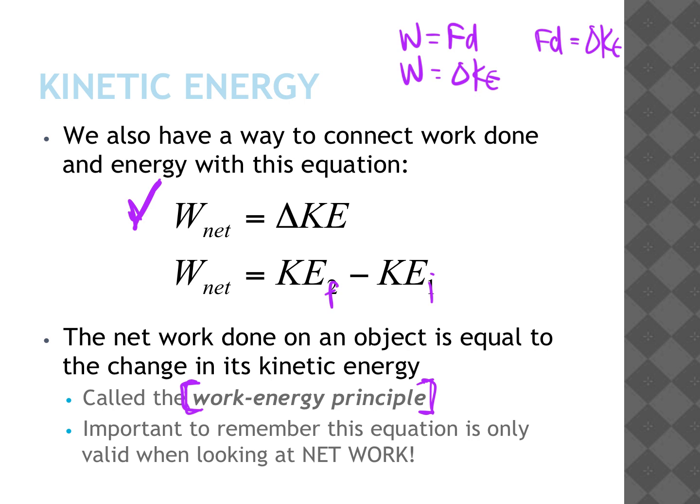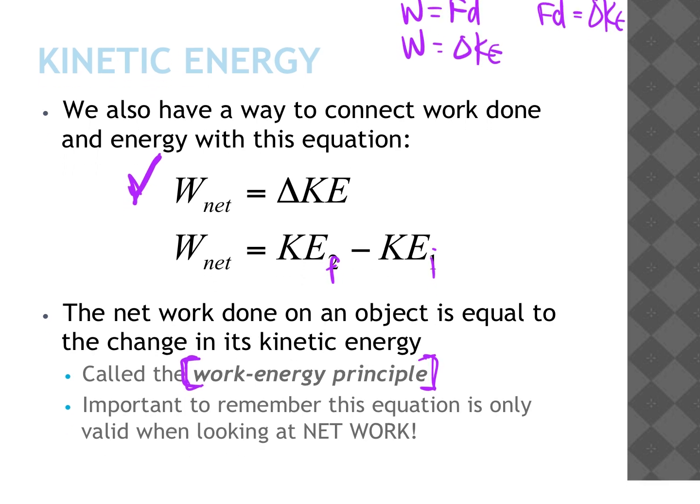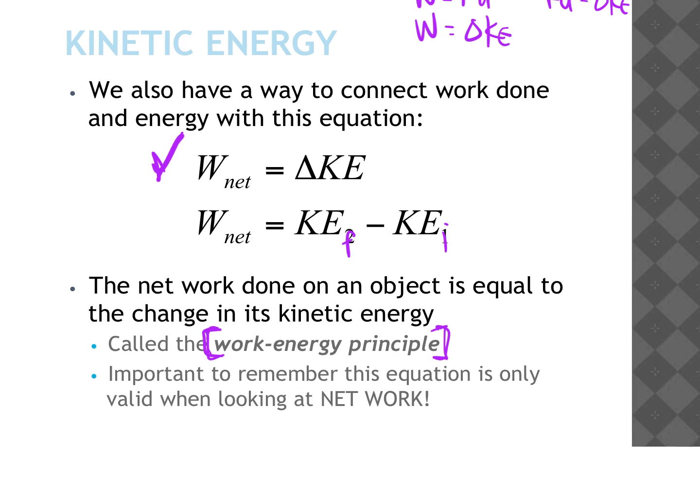We can set them equal to one another. Not always the case, but we have to be creative here with our equations. This equation only works when we're looking at net work, not just the work done by a singular force. Yeah, go ahead, Brennan.